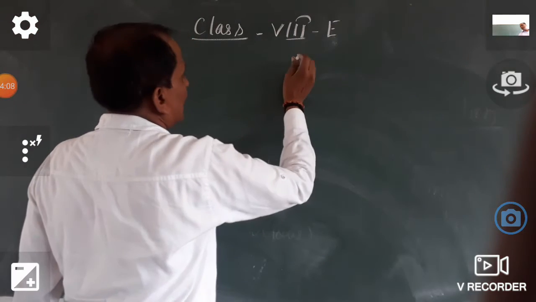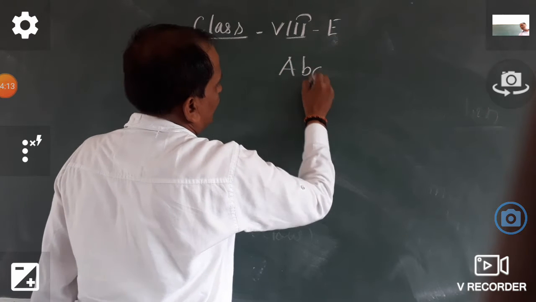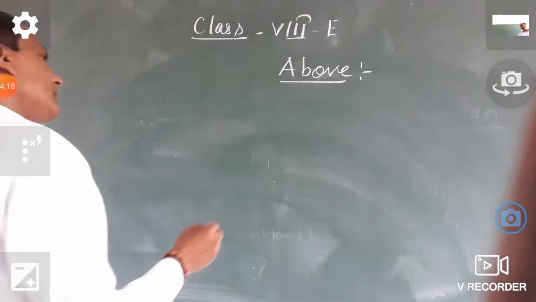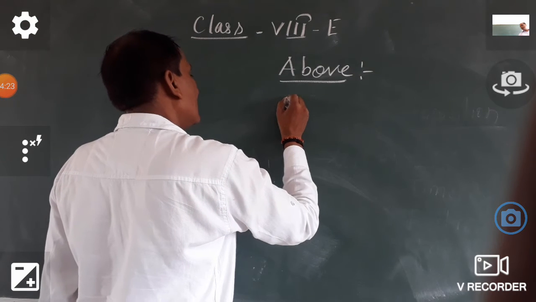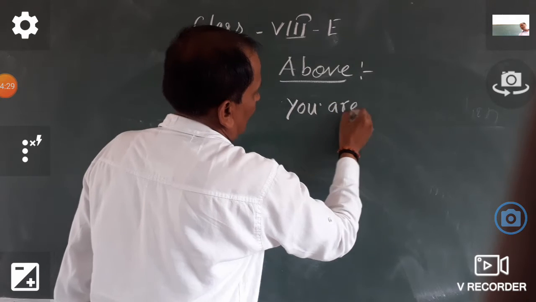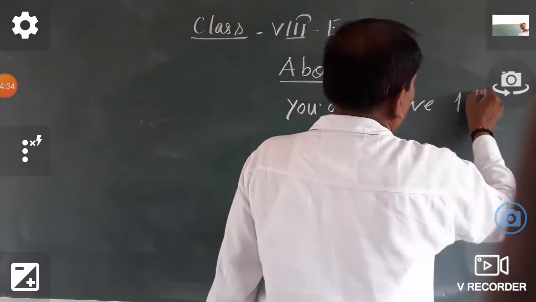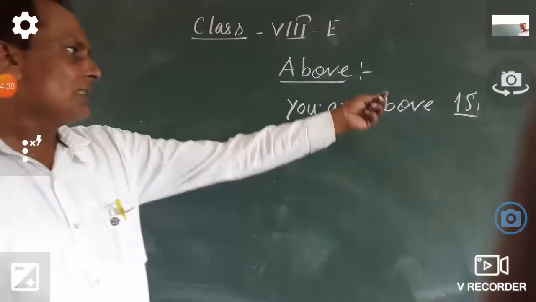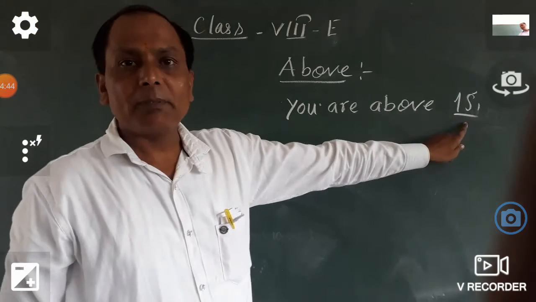Now we start reading about above. Above, okay. Above means, you see the sentence, you are above 15. This 15 means your appearance looks more than 15.